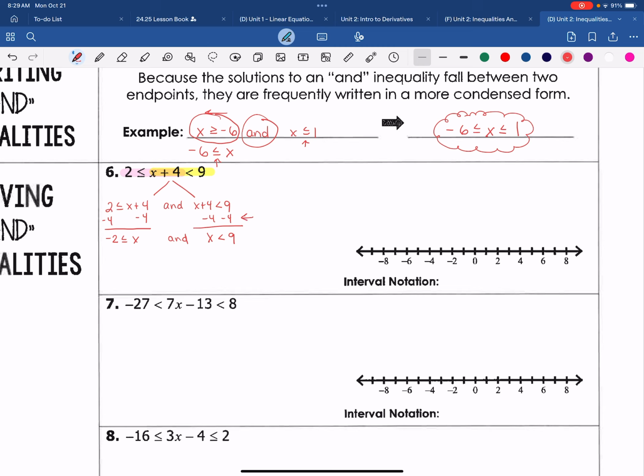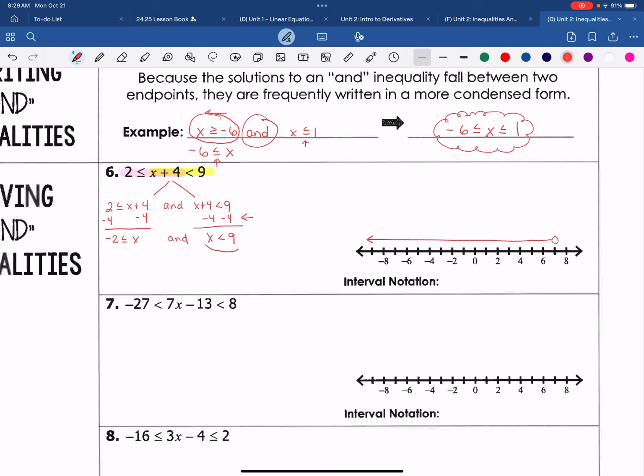Because we're doing the exact same steps, as in the next example I'm going to show you, we can just do them all in one shot without having to separate out the inequalities. But let's go ahead and graph this. I'm going to graph this guy first. x is less than 9, so I go to 9 with an open circle.